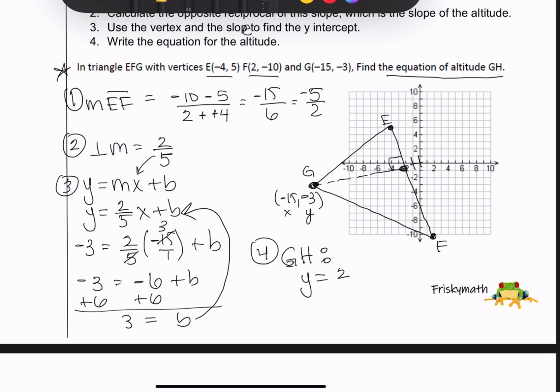So I'll have y = 2/5 x + 3. My line probably should have gone something more like this, so that eventually it's hitting a y-intercept of +3. But that's the equation of the altitude.